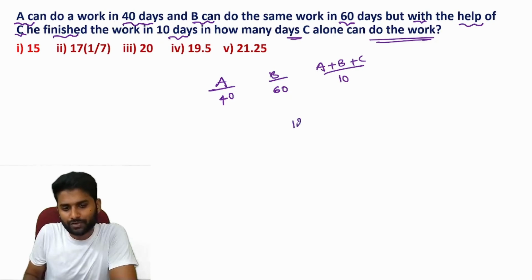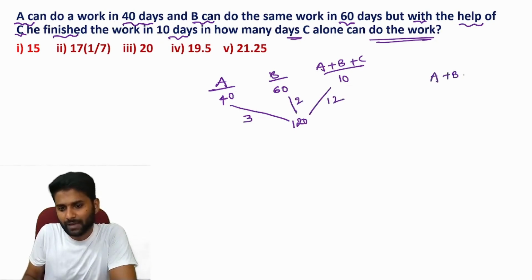Now if you go through the further calculation, the LCM is 120. A's efficiency is 3 units, B's efficiency is 2 units, and ABC's efficiency is 12 units. Now see, ABC together complete 12 units per day. Out of 12, you know that A's efficiency is 3 and B's efficiency is 2.